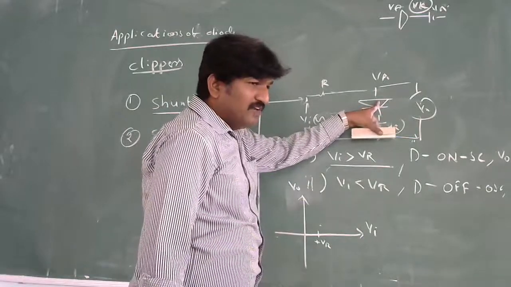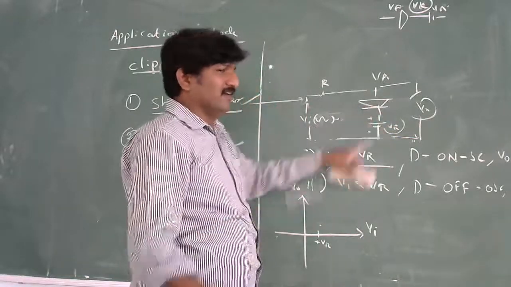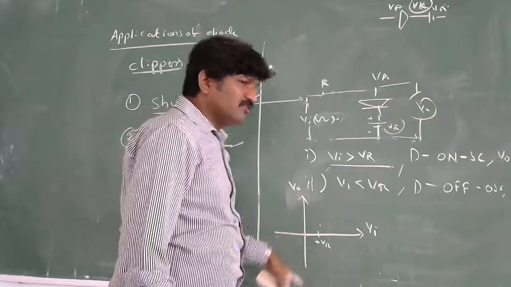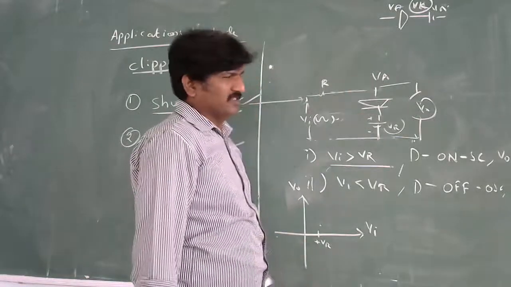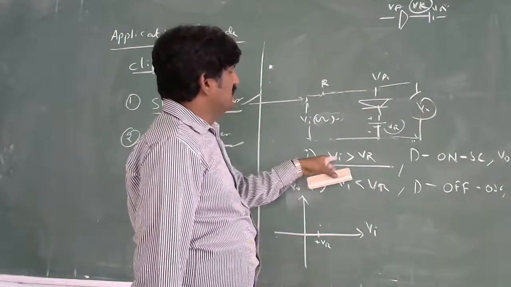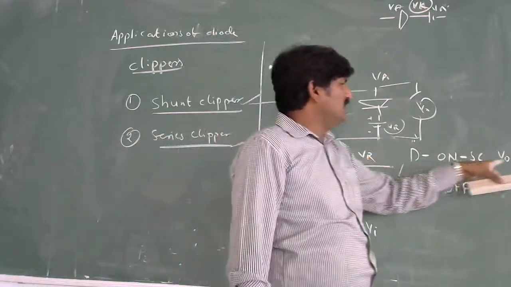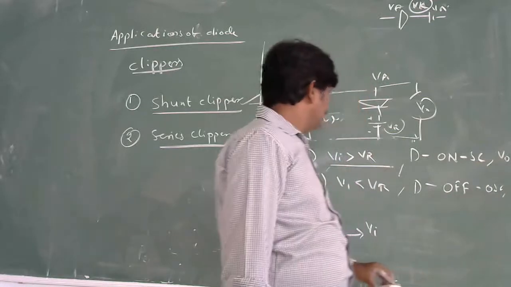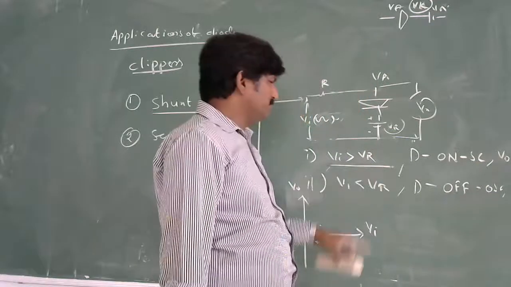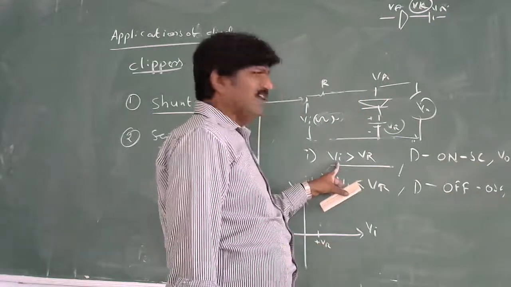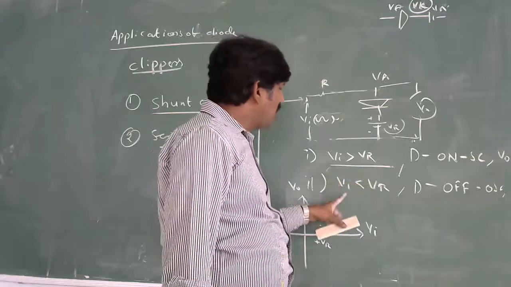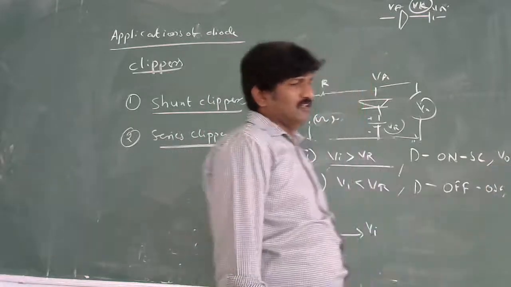Up to positive VR, the diode is in reverse bias. After positive VR, the diode is in forward bias. When Vi is greater than VR only, then you will get the output VR. Until VR, if input voltage is available, then output voltage is equal to Vi only.